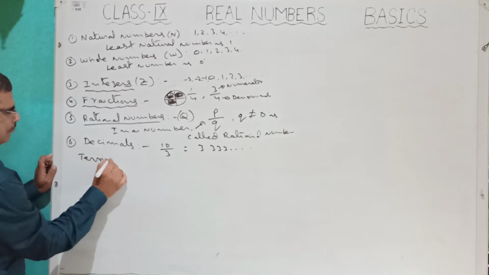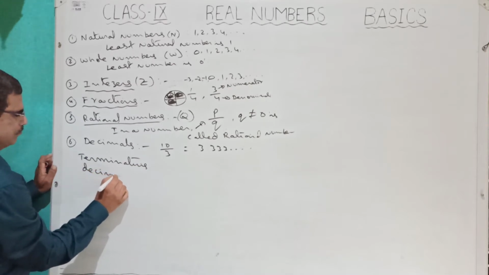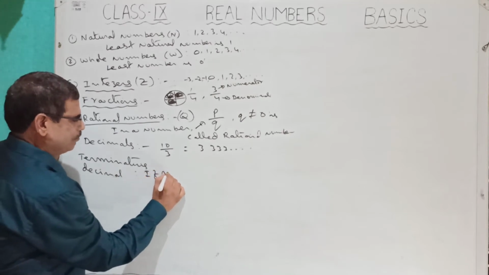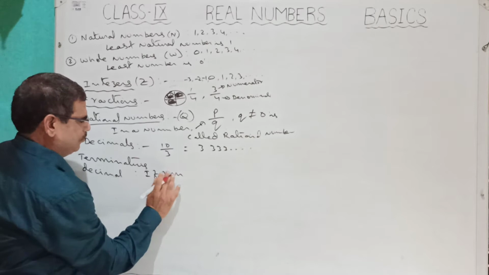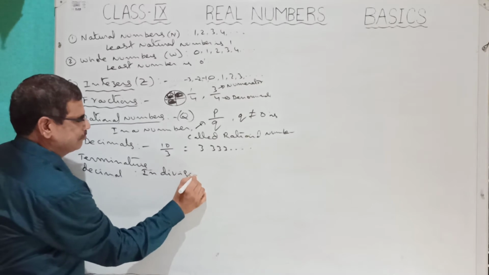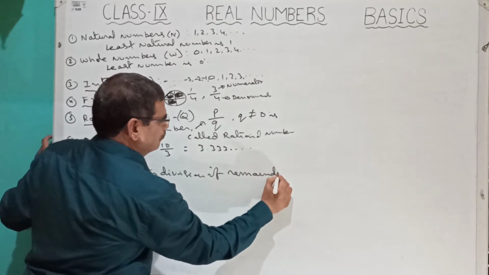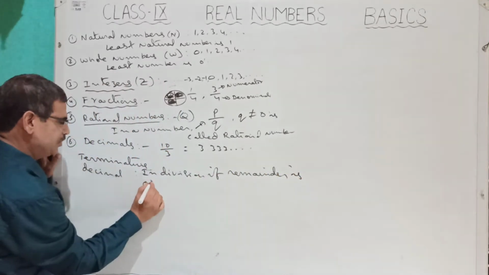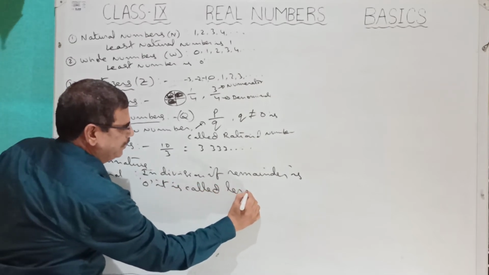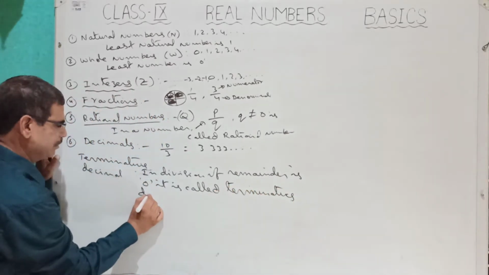Terminating decimals. If in division the remainder is 0, it is called a terminating decimal.